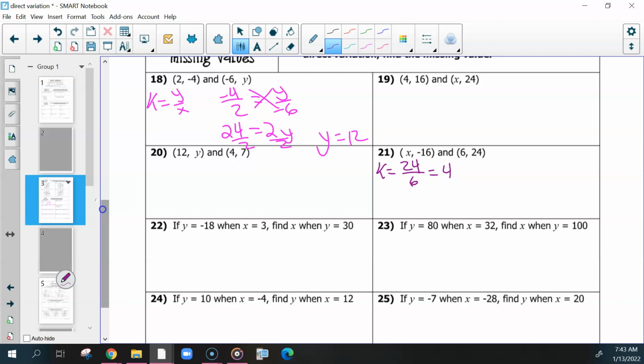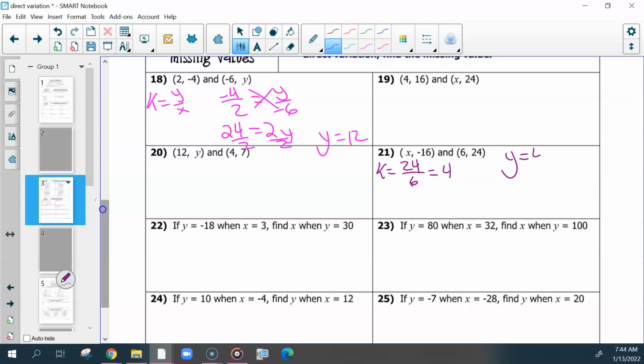From there, how would we write our direct variation equation? We need to look back at the first page to see how we write that. Y equals kx, and in this case our k is 4.